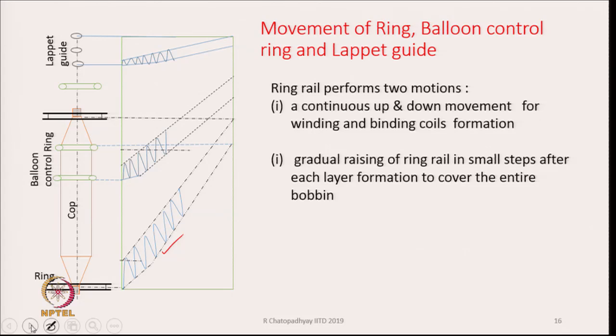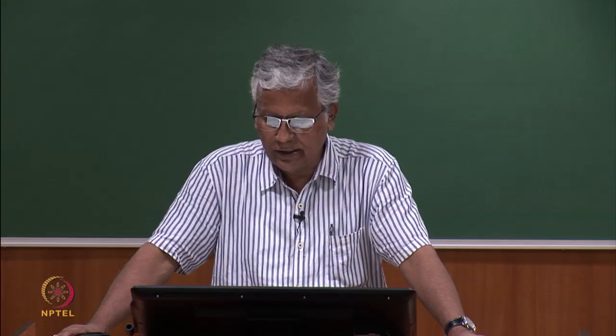Therefore, a continuous up and down movement for winding and binding coil formation that we have observed, because we need two types of coils, so that the coils remain separated from each other, and it helps us in high speed unwinding. And for that we need continuous up and down movement of the ring rail to make winding and binding layers.